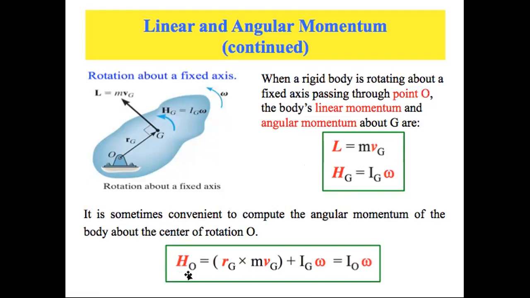If we want to find the angular momentum about the center of motion, meaning point O, we have IO times omega, where IO is the moment of inertia about point O.